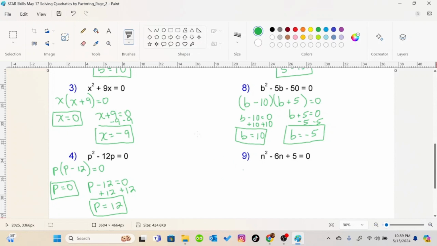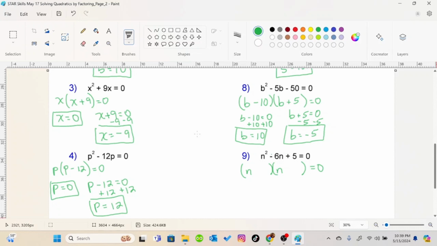Number 9. We know that we're multiplying two things together and getting 0. To get n squared, we have n times n. The second sign being plus tells me my signs are the same.